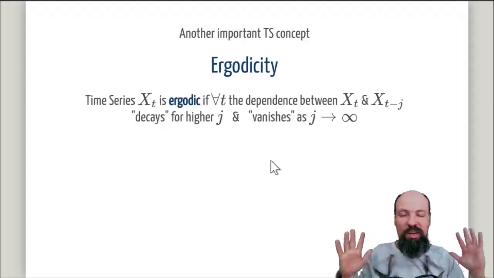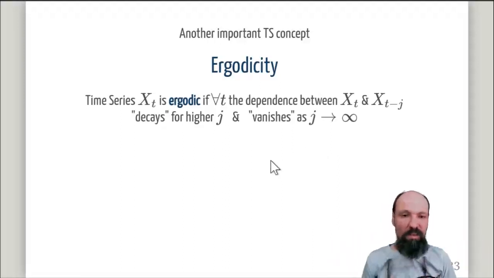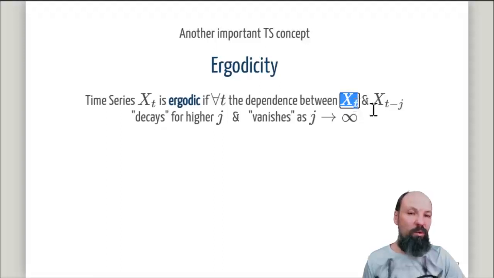It has a huge technical definition that is very hard to understand, but in our context of stationary or even non-stationary time series, ergodicity would mean that if there is a dependence between the current value of some process and the same process shifted back in time, then as we shift further back, so as this j goes higher and higher, the dependence somewhat decays.